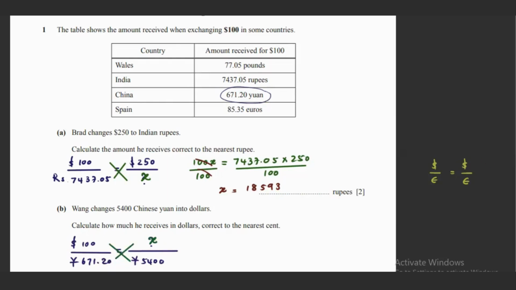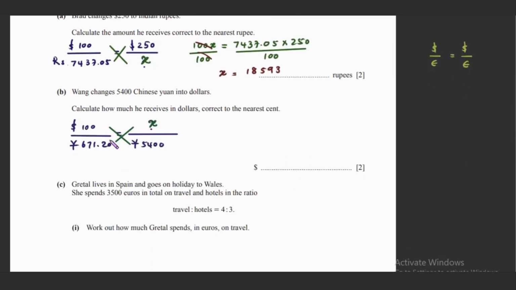So 671.20 times X is equal to 100 times 5,400. And I need to get rid of this 671.20 that multiplies with X, so I need to divide this side by that same amount as well.